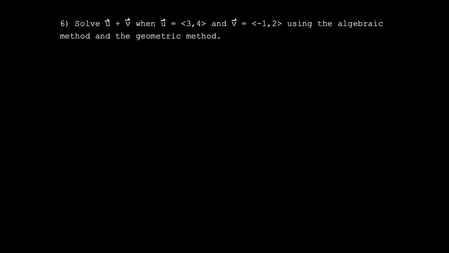Solve u plus v when u is equal to (3, 4) and v equals (-1, 2), using the algebraic method and the geometric method. The algebraic method is pretty easy. We have two vectors: vector u, which is (3, 4), and vector v, which is (-1, 2).